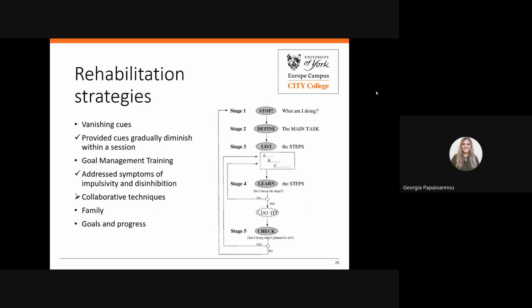For example, we give the patients homework and they need to do it along with a family member that can help and support them more regarding each type of task they are given as homework. And of course, to have in mind whether our goals are actually achieved, whether we have progress, they are the ones that give us feedback because they are 24/7 with the patient.